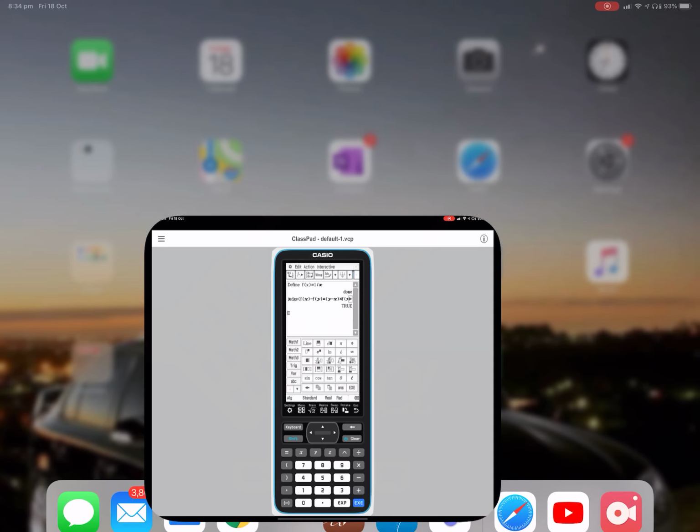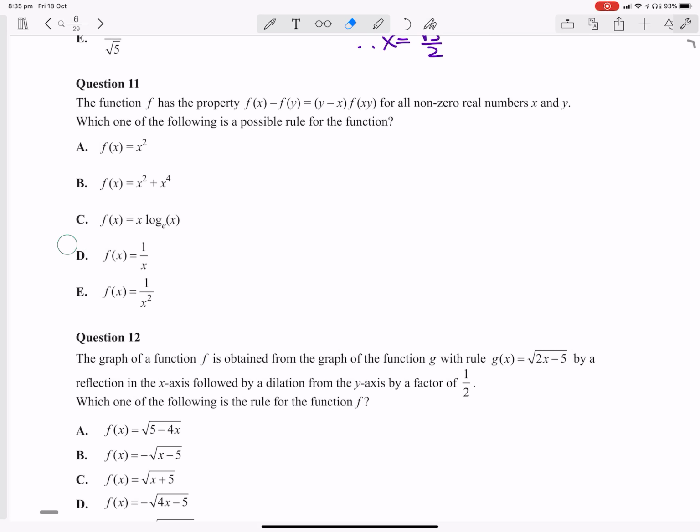True. So it's got to be this one. If you were to test it, f of x is 1 on x minus 1 on y, which is equal to y minus x times 1 on xy.